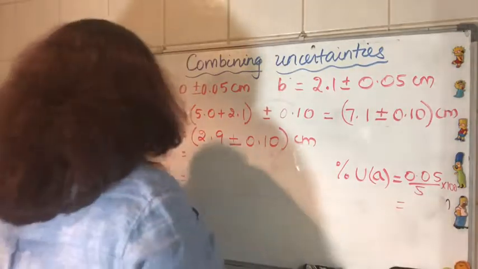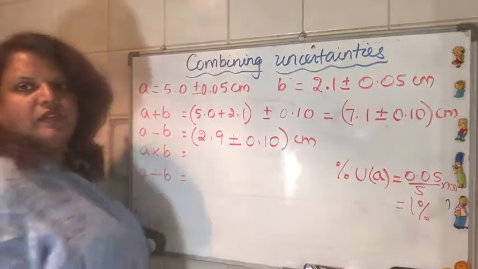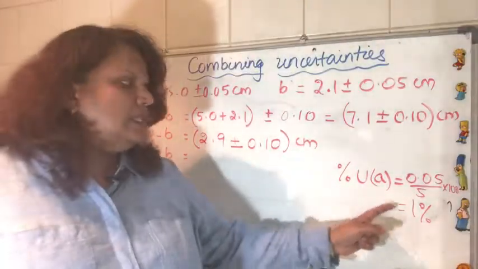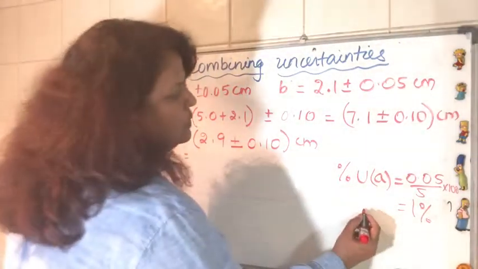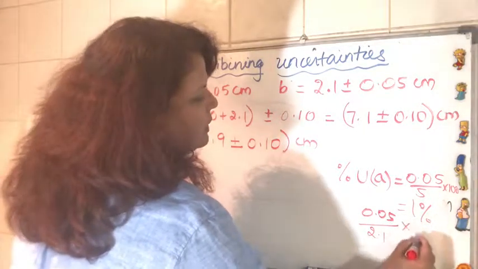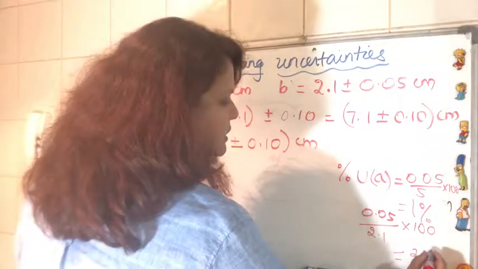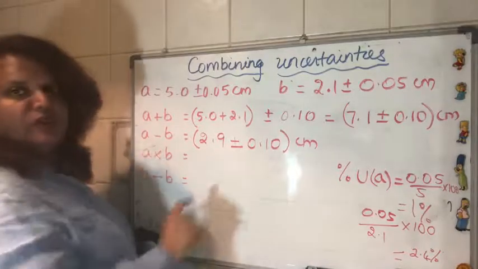That will give you 1%. Correct? So uncertainty in A is 1%. Now what will be uncertainty in B? You have to do 0.05 divided by 2.1 multiplied by 100. You will get 2.4%. Okay, so percentage uncertainty in B is 2.4%.